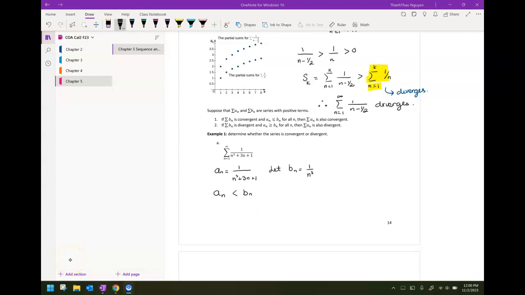And we know that the sum from n equal 1 to infinity of 1 over n to the third is convergent. This is a P series, a convergent P series.